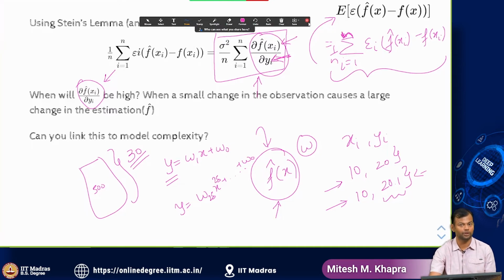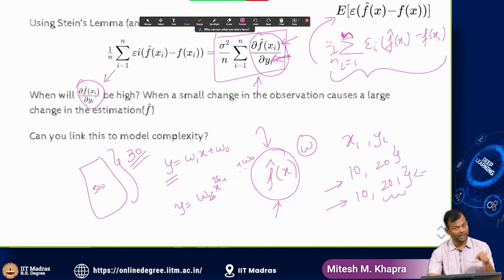So that's what we are concluding from these 2 points, right, that the expected quantity that we were interested in, which does not go to 0 in the case of training data, is actually equal to this quantity. And now we see that this quantity has this sensitivity term which says that if there is a small change in yi, what happens to the change in f hat.